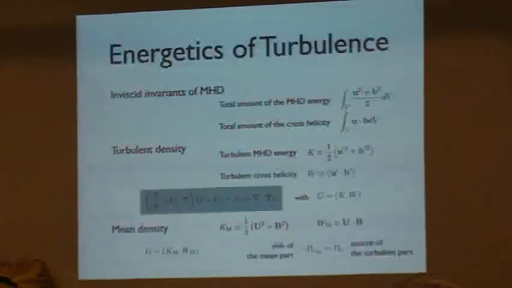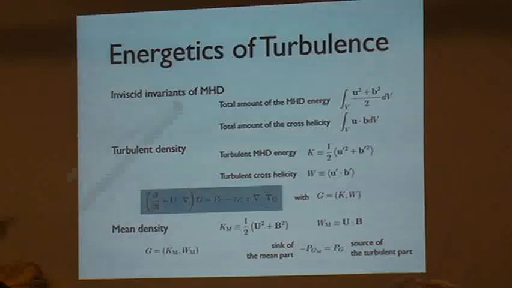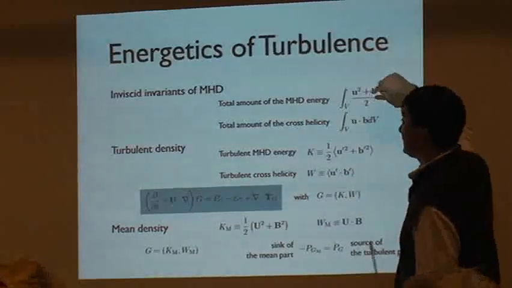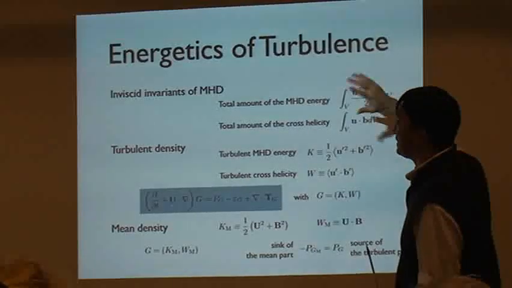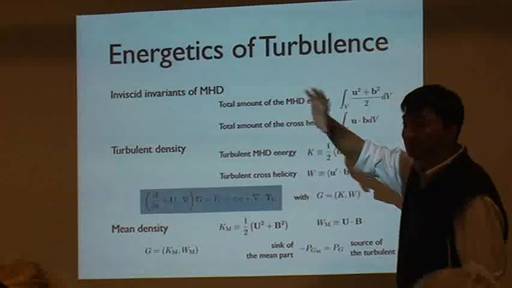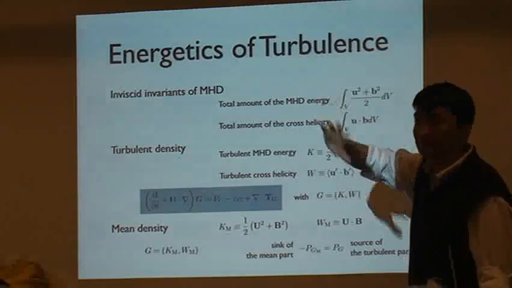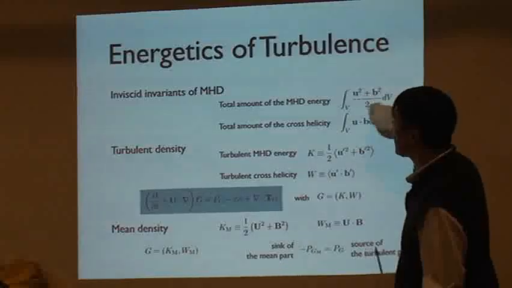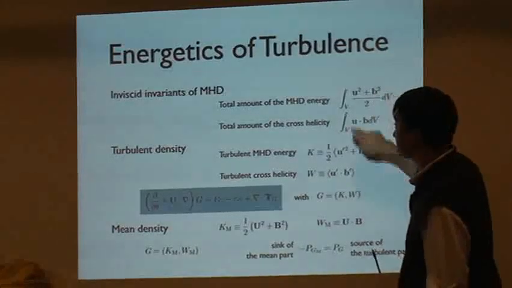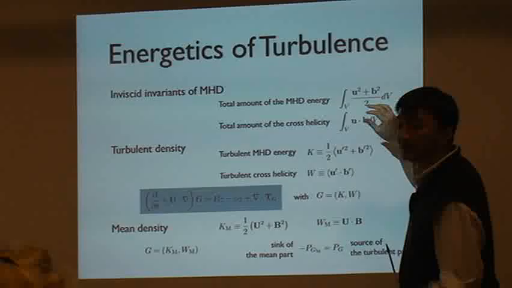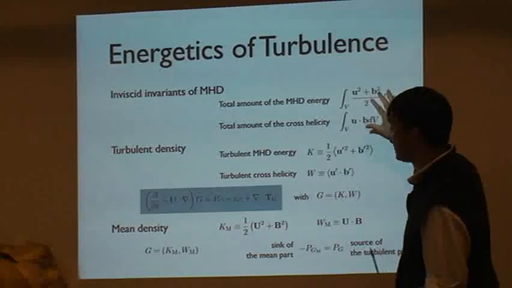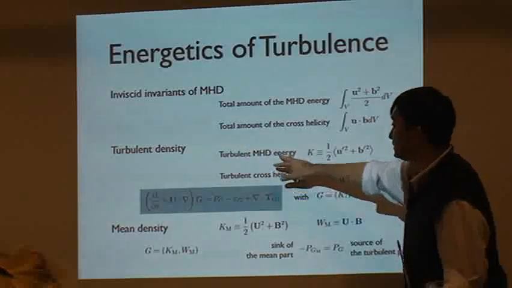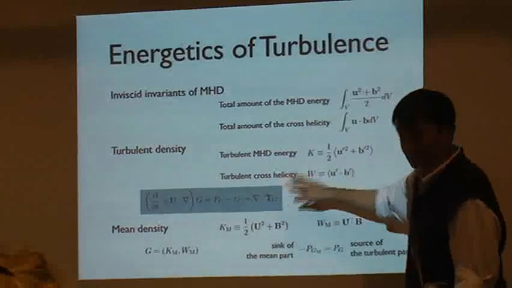So finally we consider the energetics of turbulence. As I mentioned, apart from the compressibility consideration, in the incompressible case we have the total amount of MHD energy and the total amount of cross-energy as constant quantities, as you know. So we consider turbulence density of energy and cross-energy.